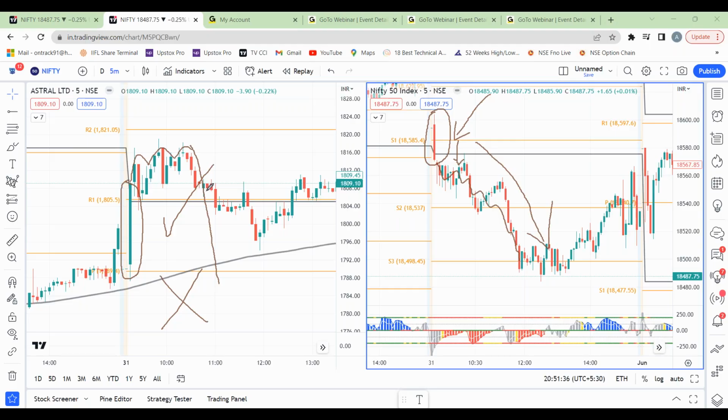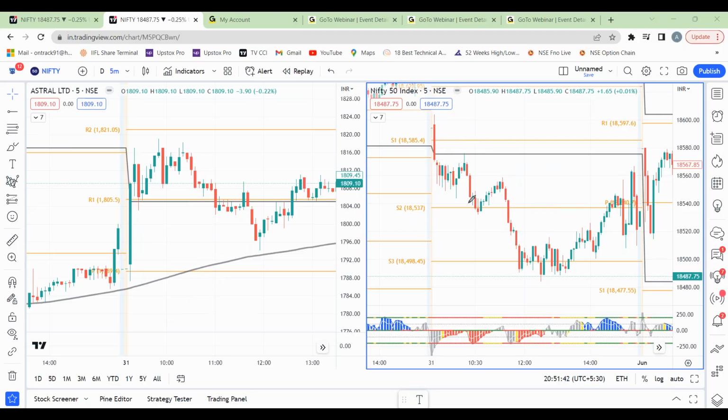So what would be the best approach? Wait for Nifty to complete its sell action. Wait for the sell to get completed and come to a halt. Once Nifty stops falling, then you can plan for buy entry into your stock.